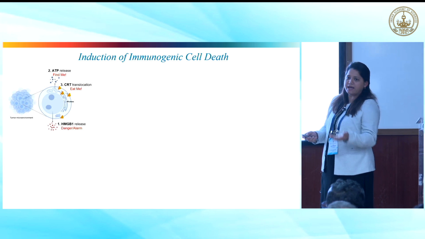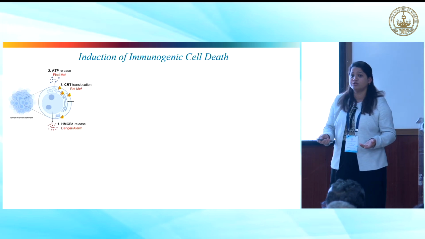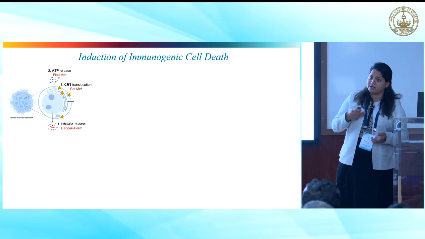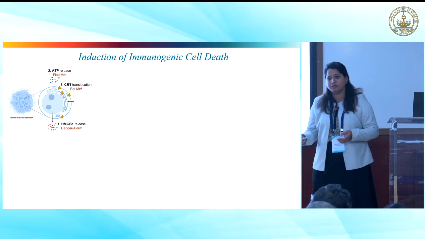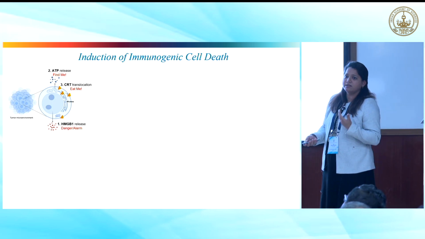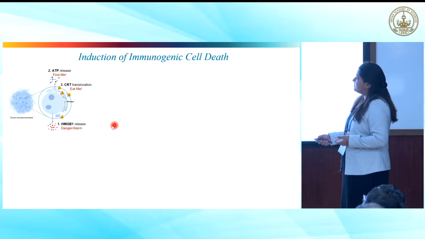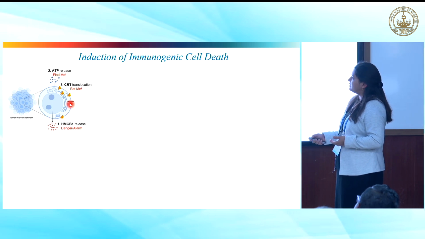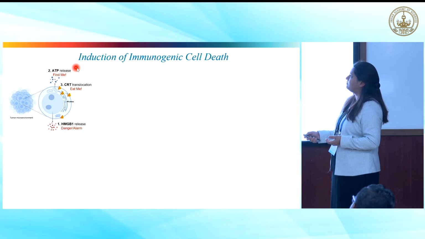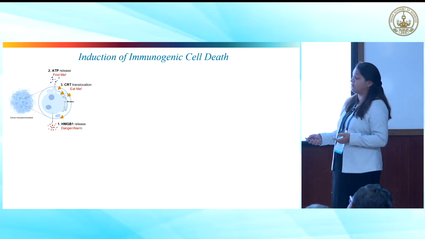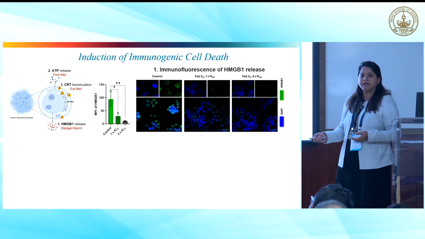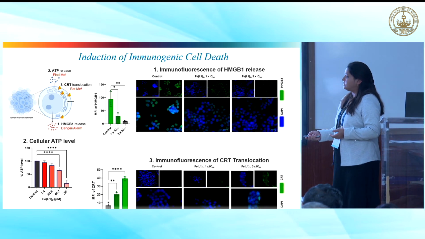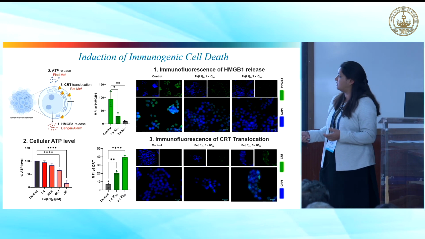Now, coming back to ground zero, in order to show that you are converting the cold tumor into hot tumors, there were three major markers that you eventually want to see. The first one was HMGB1 release, the second one is ATP release, and the third one is calreticulin. And we did see by immunofluorescence that all three of them do get affected.